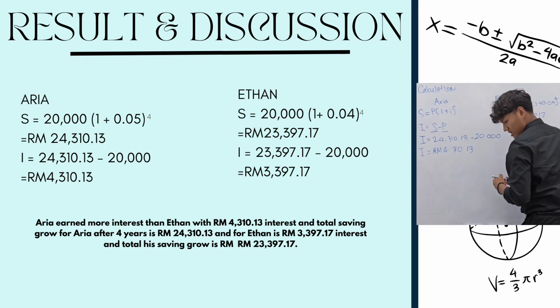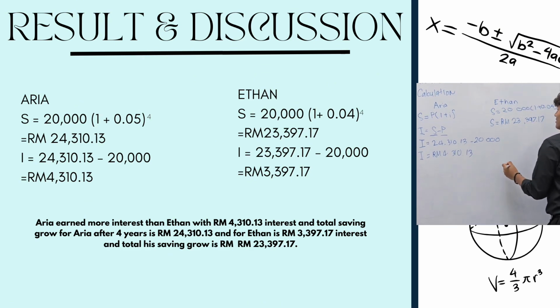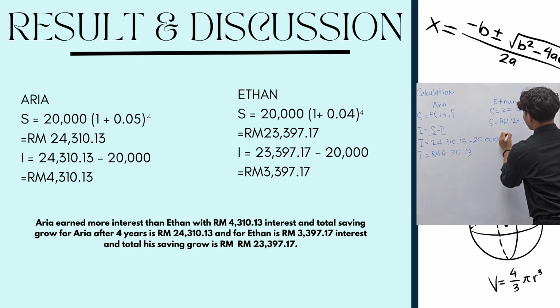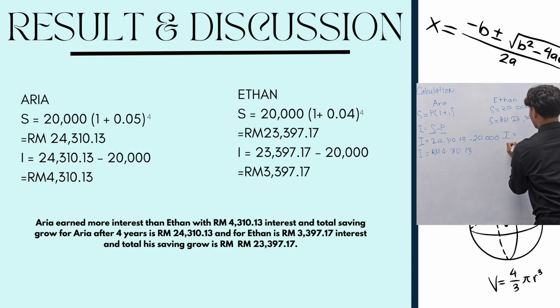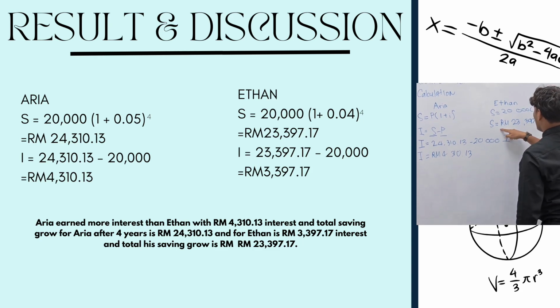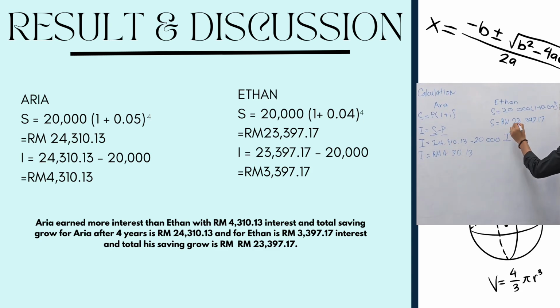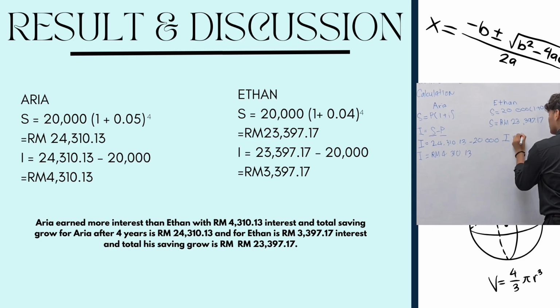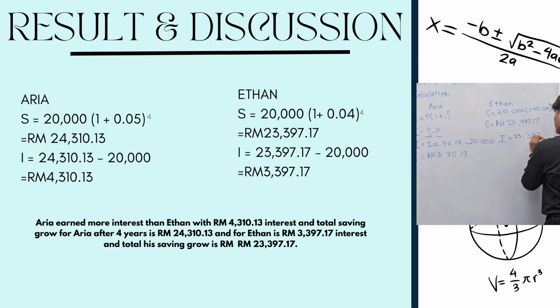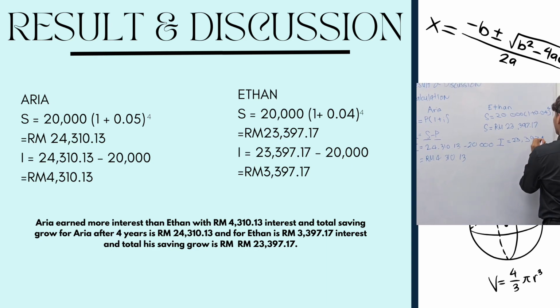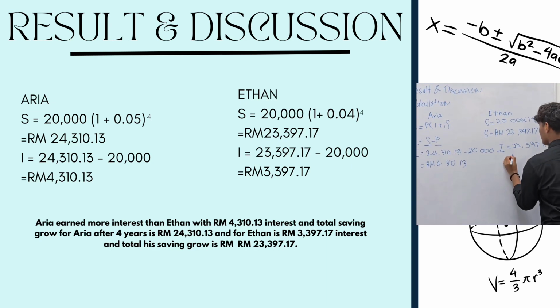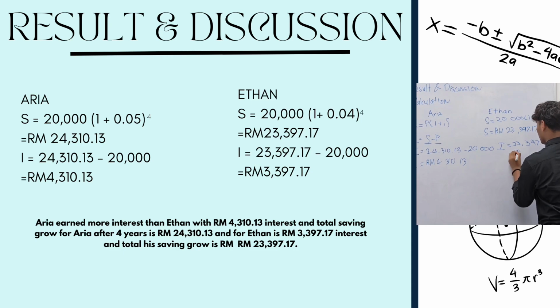Then let's calculate the I for Ethan. Same formula, S minus P. The S for Ethan is 23,397 ringgit 17 cents minus 20,000.